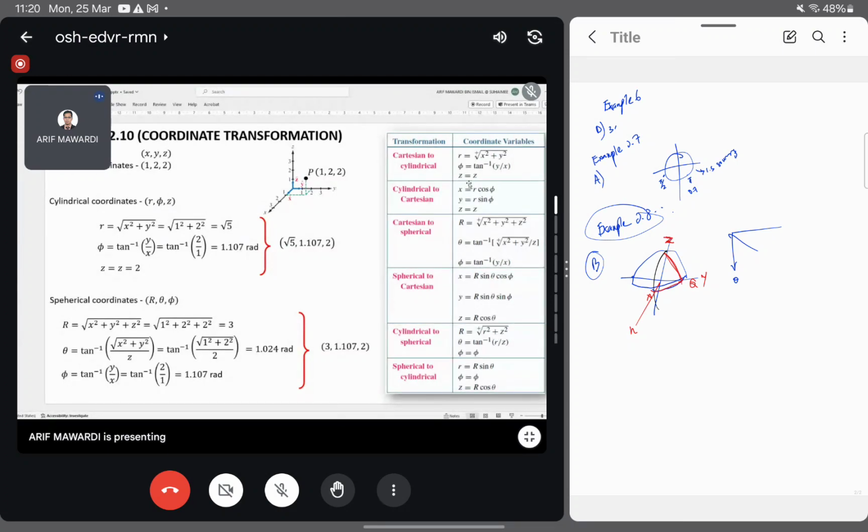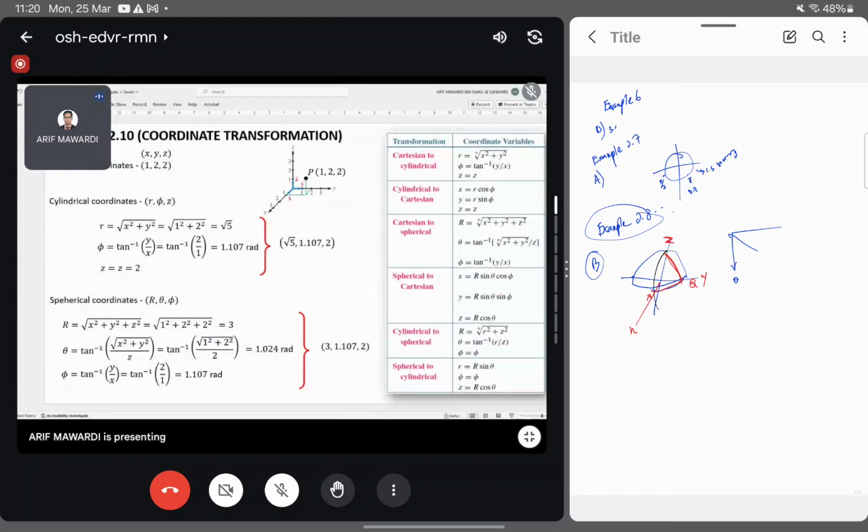And then for z, you can get the value for z here.